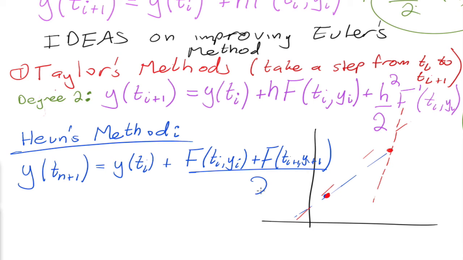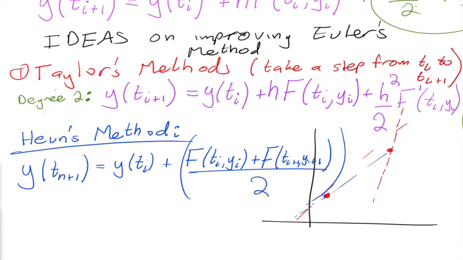And then find the average. So this is a simple sort of predictor corrector method, because you predict where it's going to be, and then based on the slope at that point, you correct it a bit to make it more in line with what it's going to be.